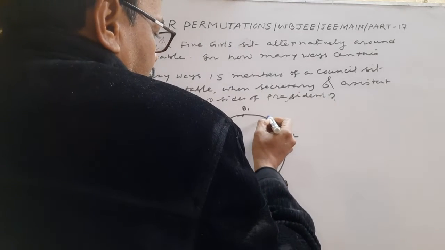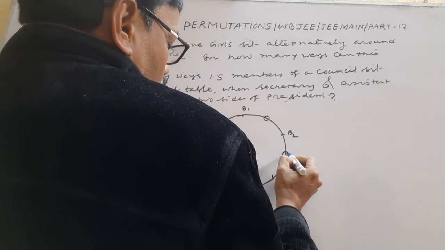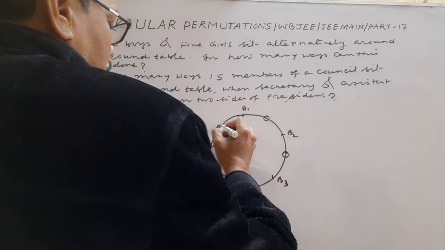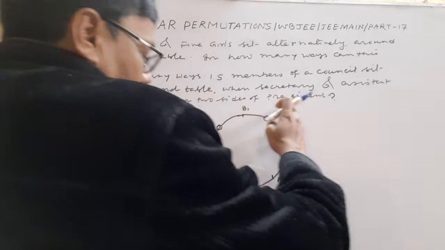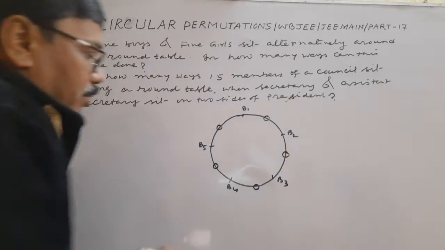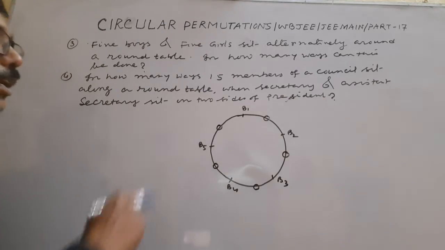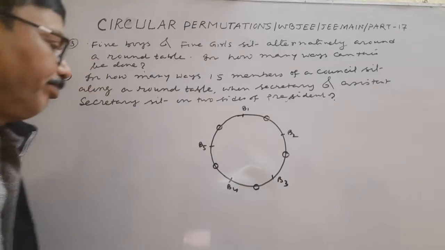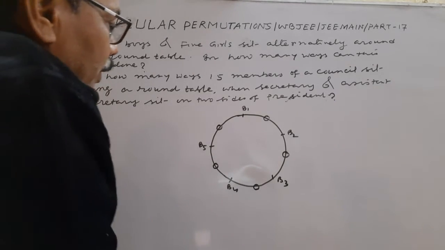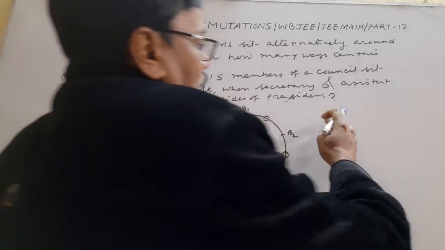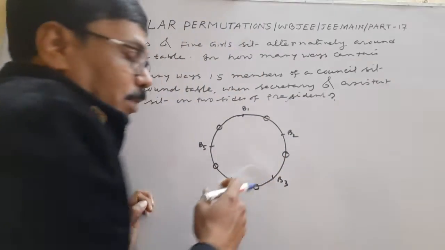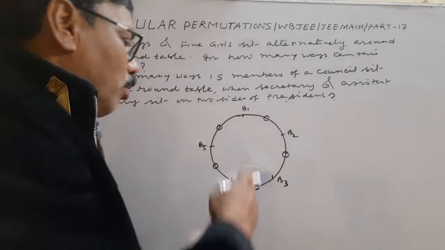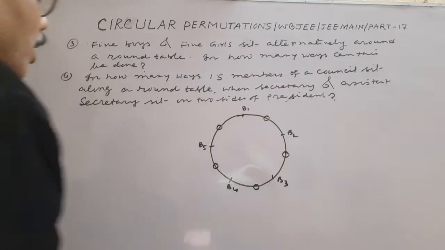And how many gaps? 1, 2, 3, 4, 5. If we put girls in these gaps, then they are in alternative positions. In linear permutation, if there are 5 boys, then there are 6 gaps. But here only 5 gaps.